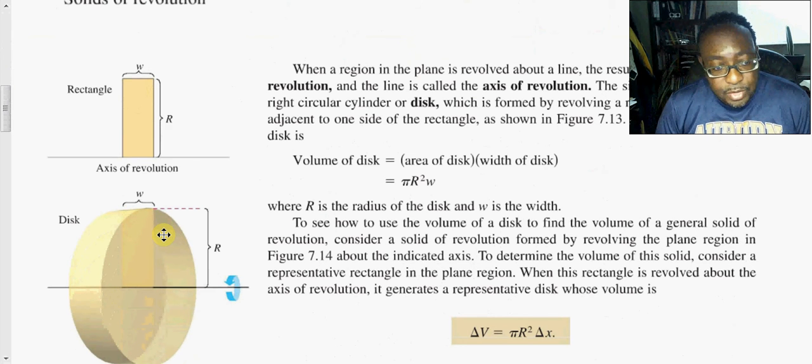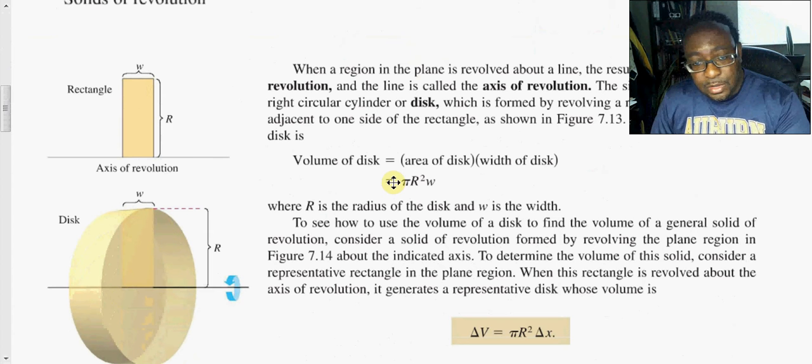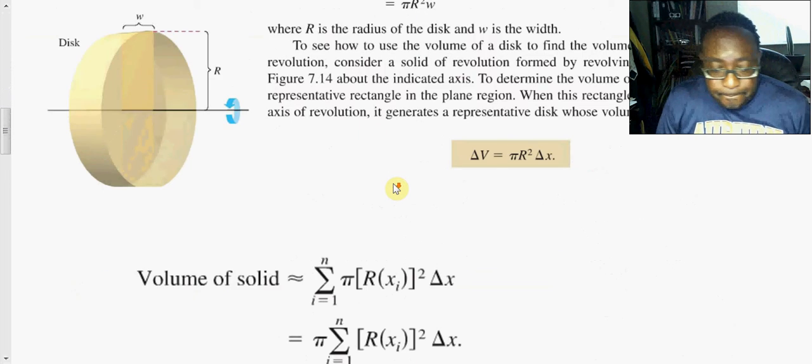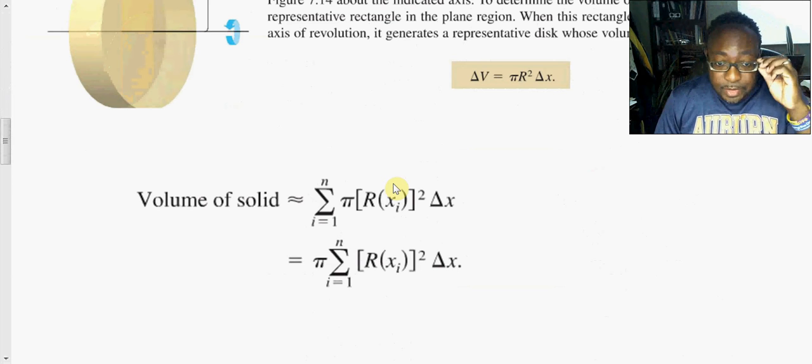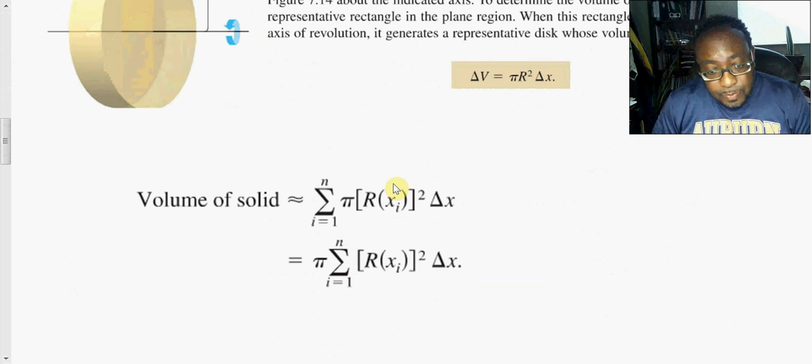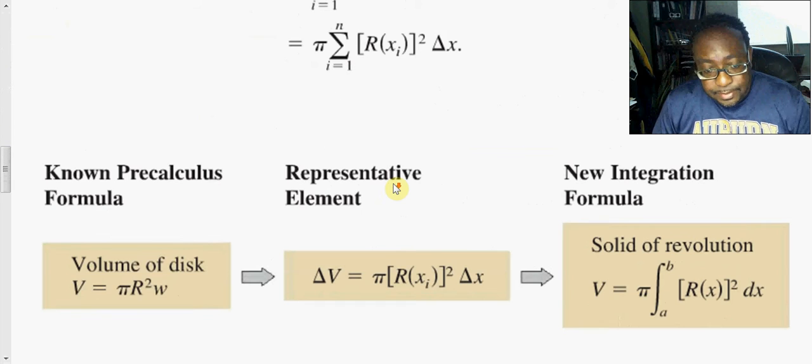The width would be either dy or dx times pi, and that gives us the volume. This definition of the volume is defined as the summation of pi times the radius to be squared times delta x.